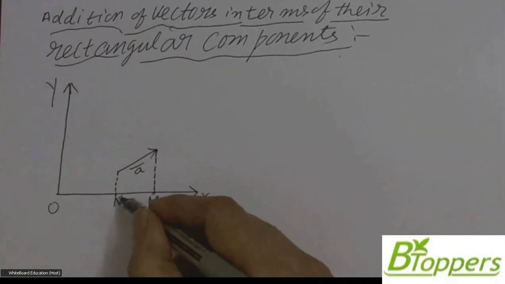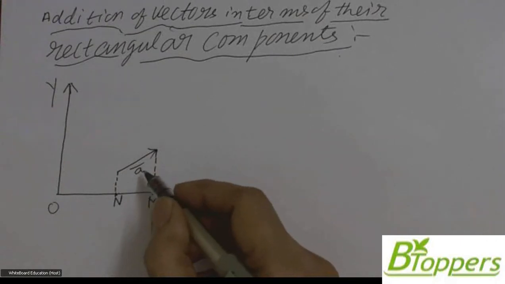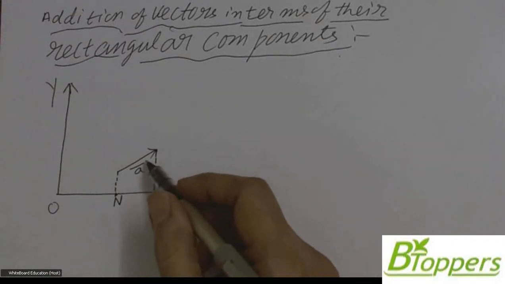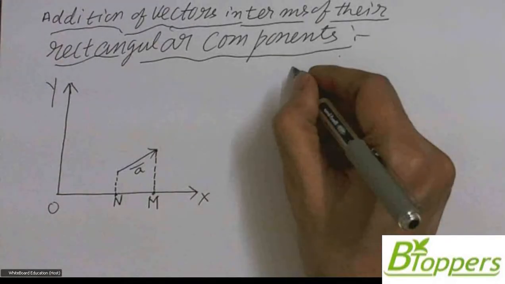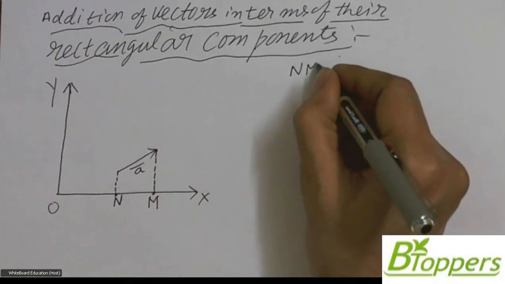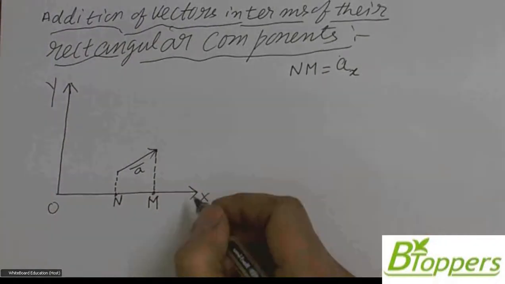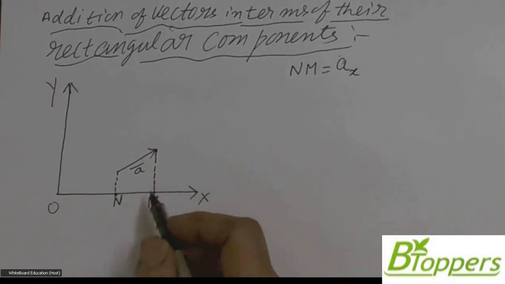So the length of the line between the points N and M on the x-axis we call the projection of the vector a bar on the x-axis, or component of the vector a bar along the x-axis. That is, the length of the line NM, we write ax, which represents the rectangular component of a bar along the x-axis.